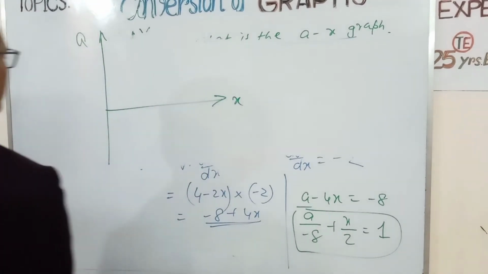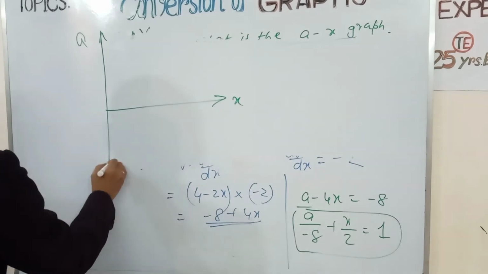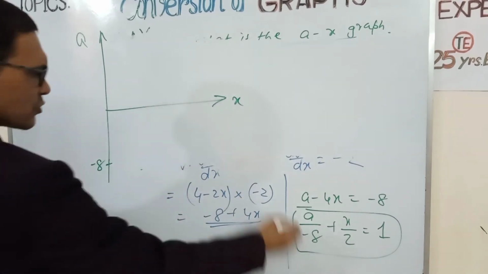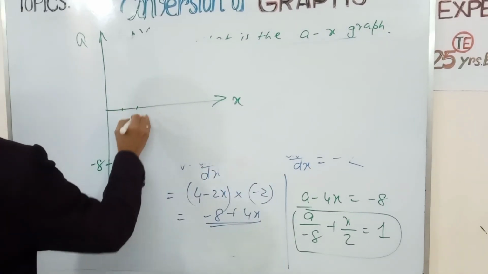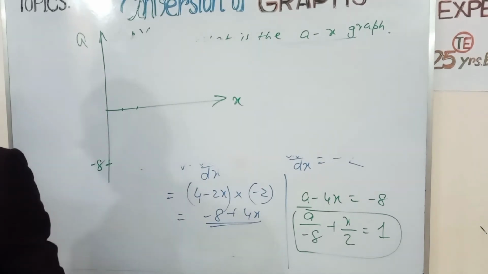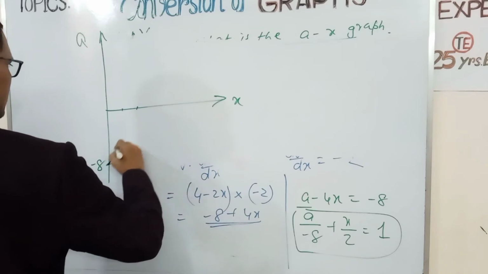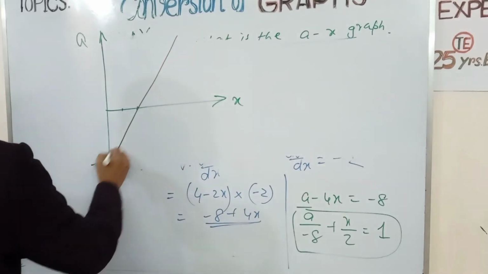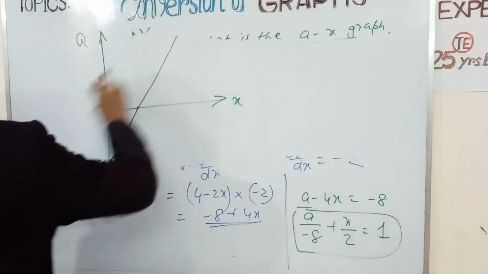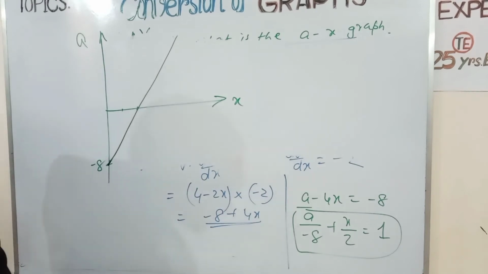Suppose here minus 8, and x equal to 2 here. So the graph will be this way. So this is the a versus x graph.